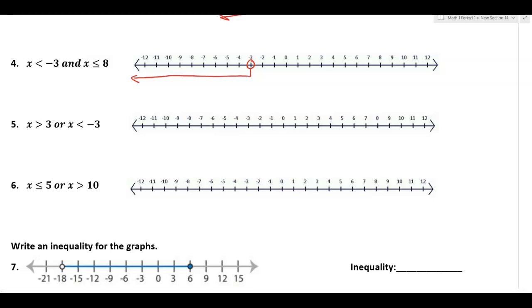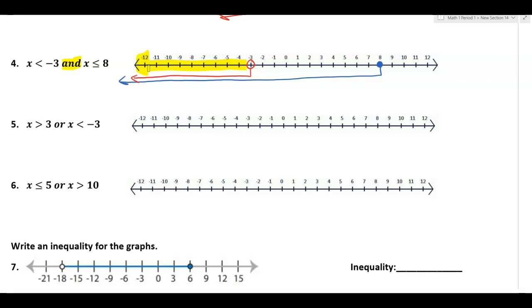But the next one is x is less than or equal to 8, so it's a closed dot, I would shade left. But where do these two inequalities start to intersect? Because it's an AND statement, we need to talk about where they intersect. They don't start intersecting until this area here. So that yellow shaded region would be our solution.